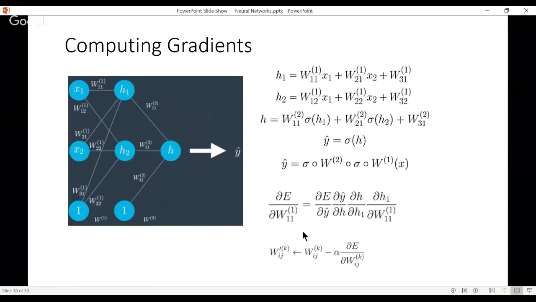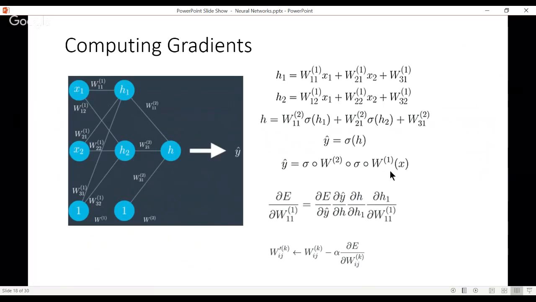So how do you compute the derivative of the error function with respect to this weight W11? You can use the chain rule for that, but you should know what the functions are and what the link between these functions is.